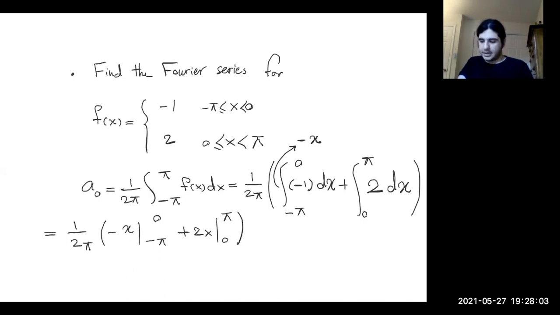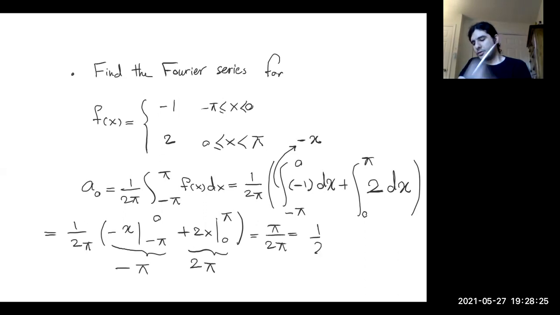So the first integral would be equal to minus pi, and the second integral would be equal to 2 pi. And the sum would be pi over 2 pi, which is 1 over 2.